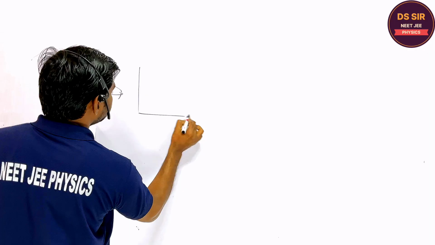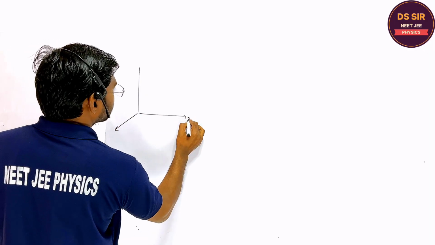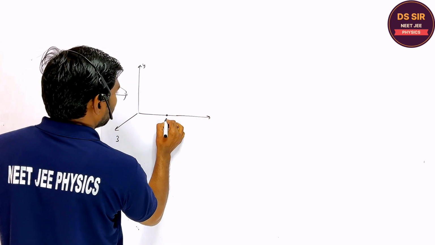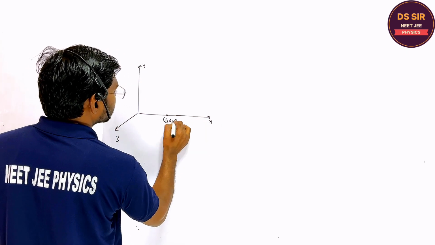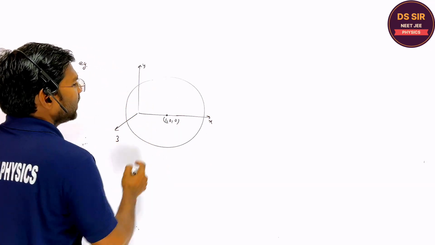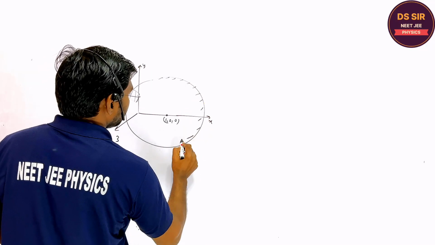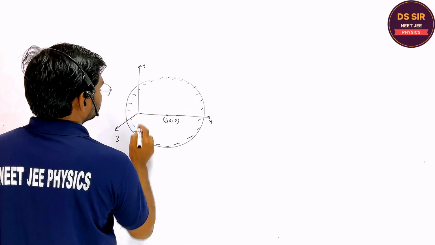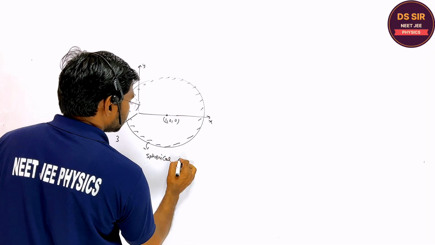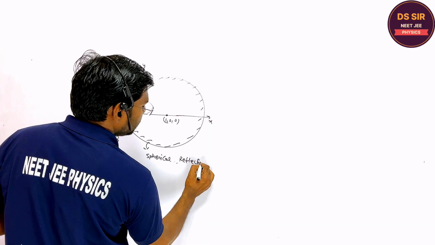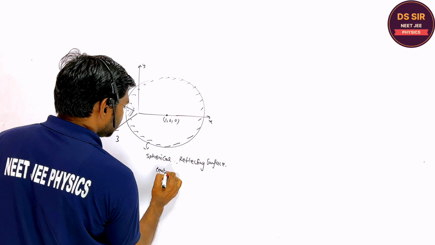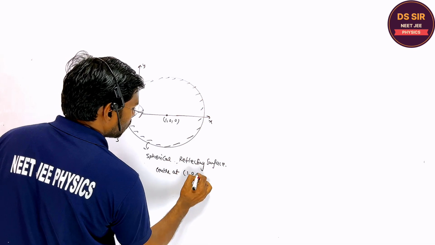Look at this question. Suppose this is the xy plane, this is the x-axis, y-axis and z-axis, and there is a point on the x-axis, 1, 0, 0, and there is a spherical reflecting surface with center at 1, 0, 0.